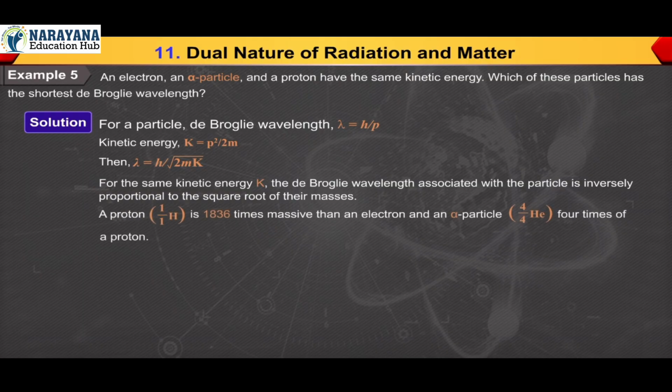A proton, hydrogen-1, is 1836 times more massive than an electron, and an alpha particle, helium-4, is 4 times a proton. Hence, the alpha particle has the shortest de Broglie wavelength.